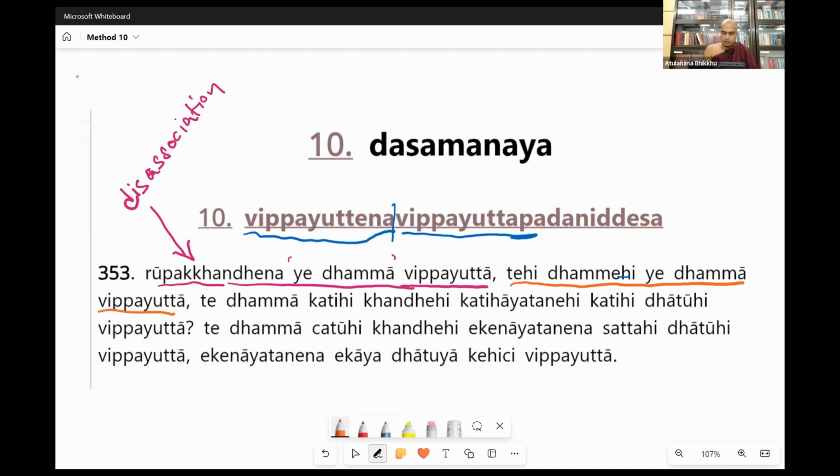So this yedhamma, as usual, becomes the te dhamma here. It's connected to this one. Tehi dhammehi yedhamma vipayutta. First you have to consider the disassociation from the Rupakkhanda, and then we have to again consider the dhammas which are disassociated with those states.